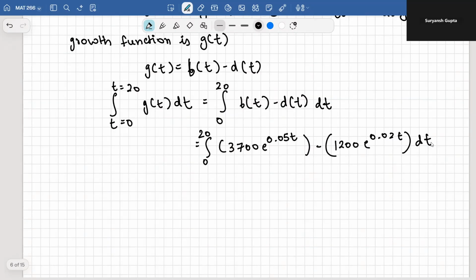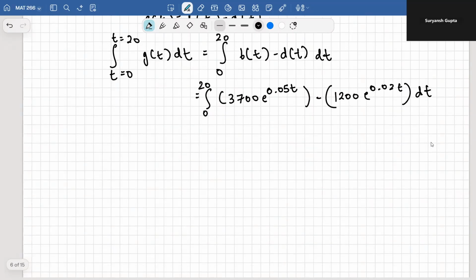Now I can solve for the integral, and I end up getting 3700 times, when I take the integration of e to the power 0.05t, 1 by 0.05 times e to the power 0.05t.